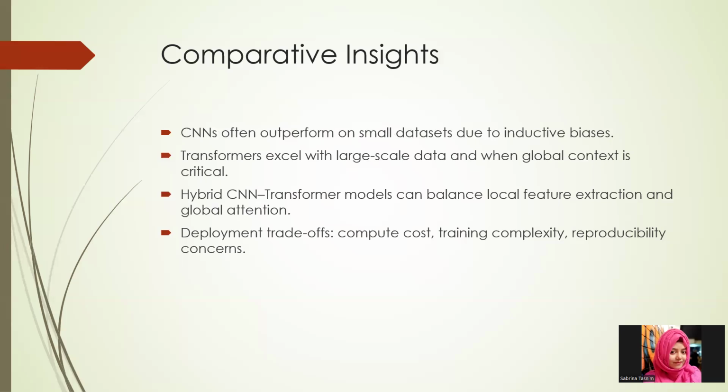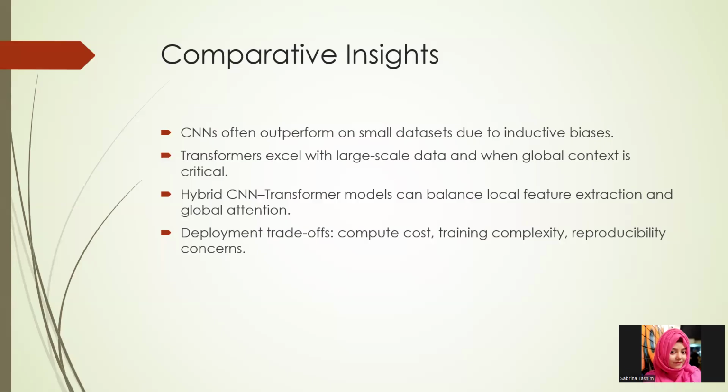In slide 6, we see the comparative insights. When comparing CNNs and transformers methodologically, several insights emerge. CNNs often outperform transformers when datasets are very small because their inductive bias helps them generalize better. But transformers tend to perform better on very large datasets. Whenever we have a large dataset, we can go for the transformer, where global context modeling becomes advantageous.